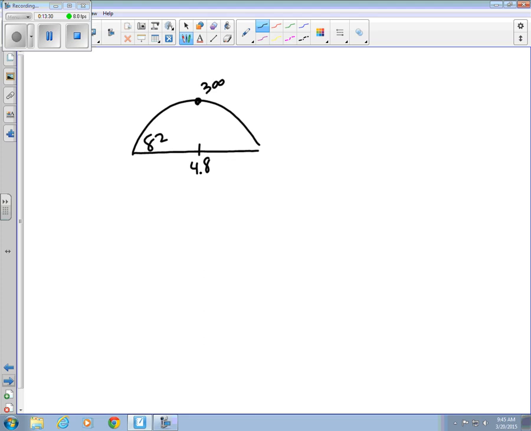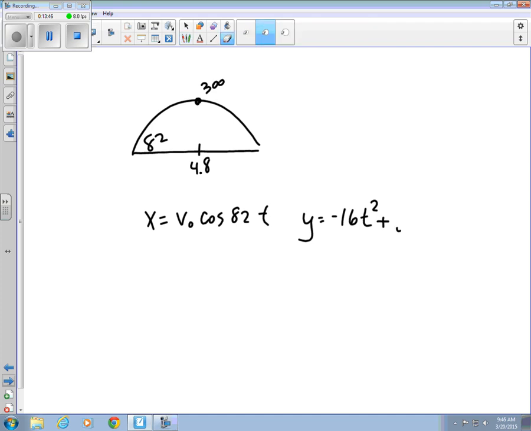All right, so my two parametric equations would be x equals v, I don't know the velocity yet, the initial velocity, cosine 82 times t, and y equals negative 16t squared plus v sine 82 times t, plus 0 because it was fired off the ground.